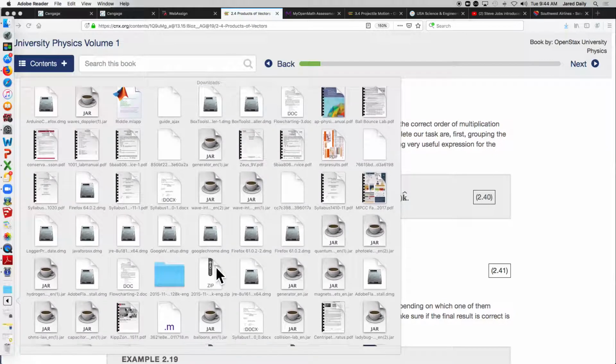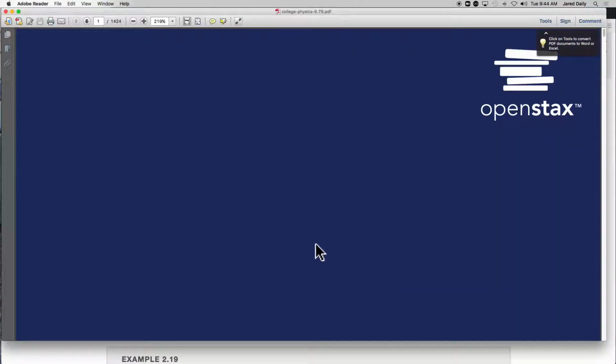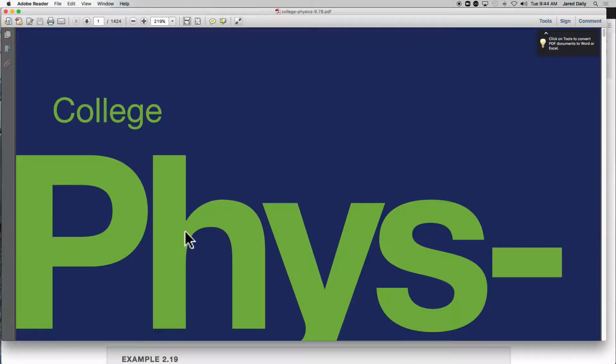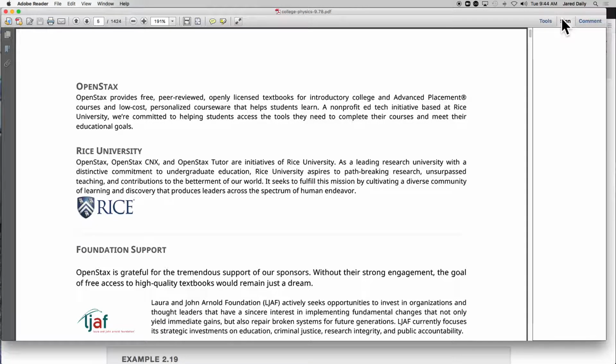Where's the textbook? Here it is. I'm opening a different textbook in this. But if you want to make notes in a PDF, you open it in Adobe Reader, and you go to Sign, and it gives you the option to insert text, add text to it.